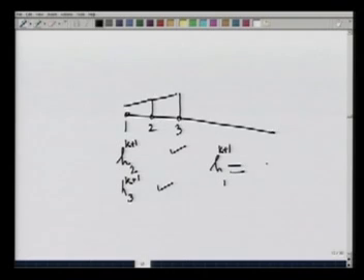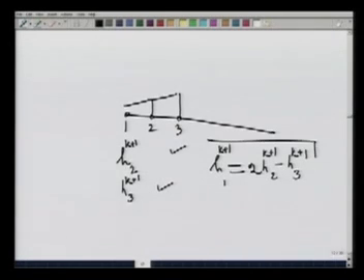So this plus this divided by 2 will become this, or 2 times H2 minus H3 at k plus 1. This is called the method of extrapolation.